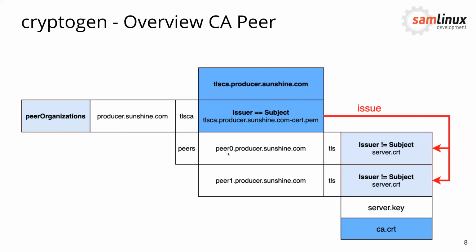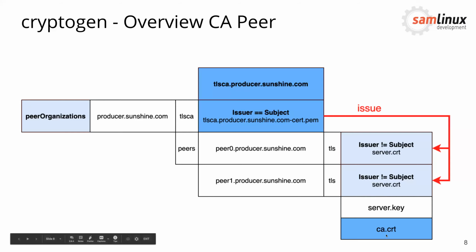And when we have here a TLS certificate for the peer 0, then we can see that the issuer is not equal to the subject. The subject in this case is the peer 0 producer sunshine.com, and the issuer is the TLS CA producer sunshine.com. And also the server cert and the server key here are created.